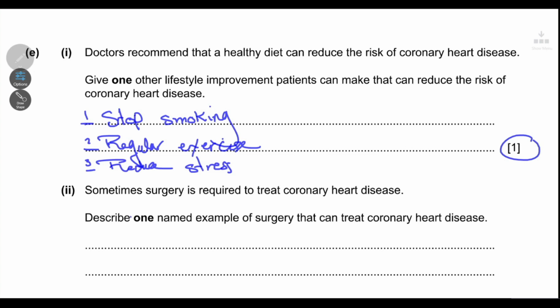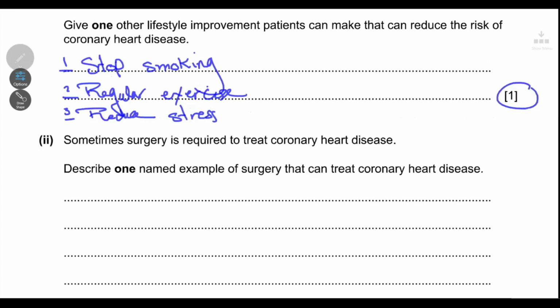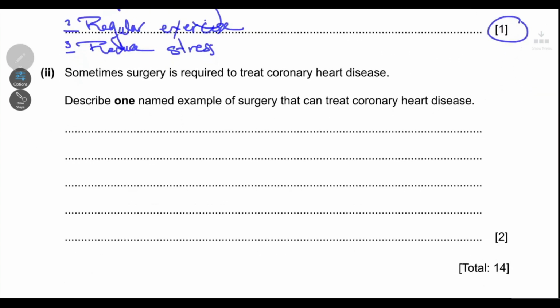So, part two: sometimes surgery is required to treat coronary heart disease. Describe one named example of surgery that can treat coronary heart disease. Actually, we have many. One of the examples is stent angioplasty. They are using the stent.